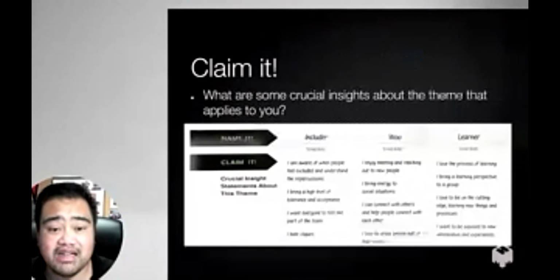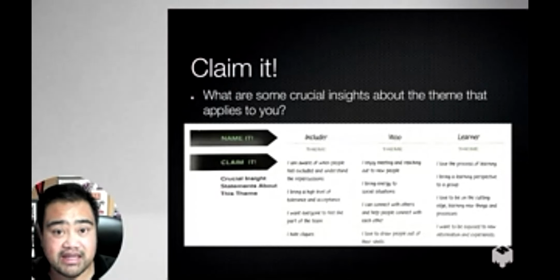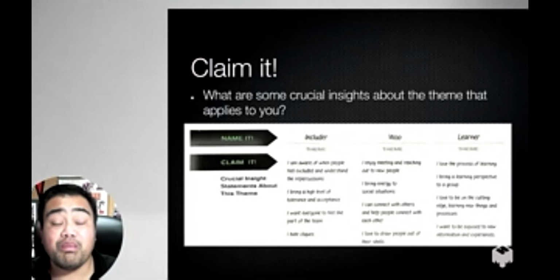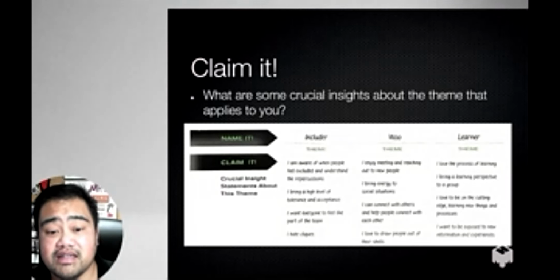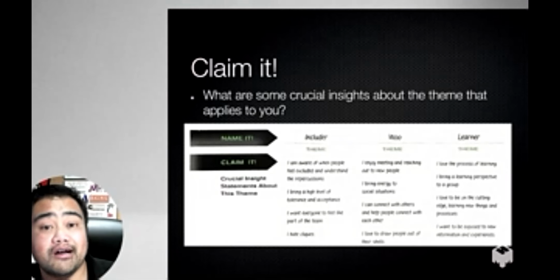When we think about the idea of claiming it, right? When we think about those insights and those internalizations and internal definitions, what part of it do you actually claim to be your own? Okay, and as an example here on the screen, we see that in this example, includer, woo, and learner are the three signature themes that were considered for this individual.